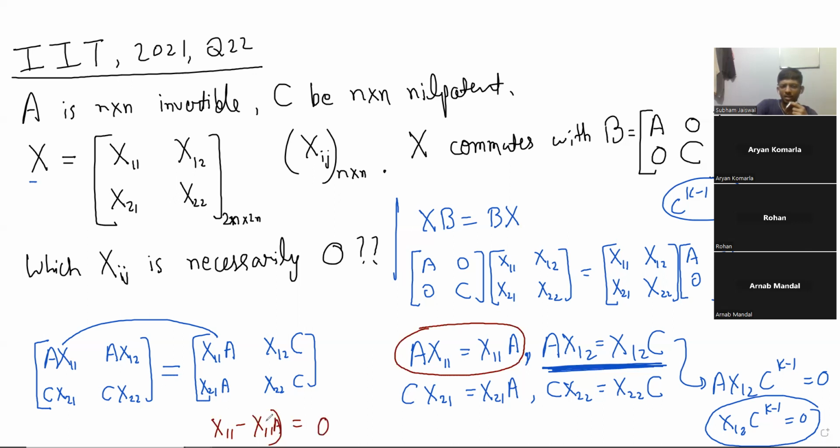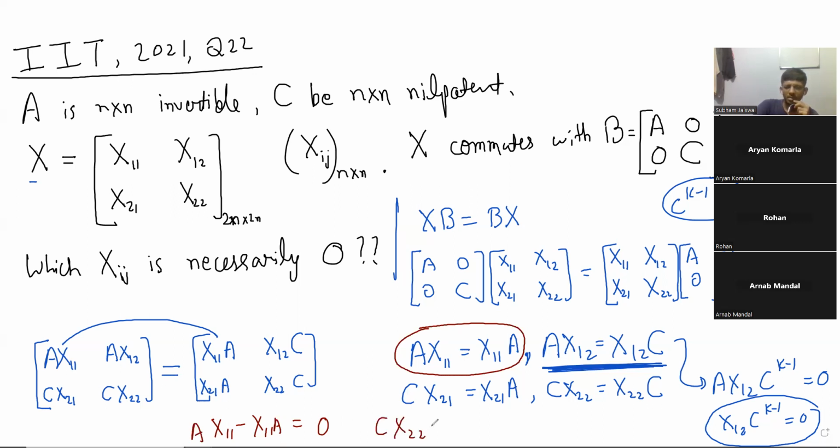They are matrices, so we get 0 matrices. But what is equal to 0? This is equal to 0, right? Yes, and the last, cx22 equal to x22c.